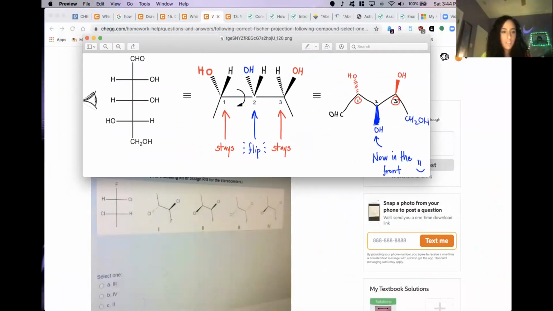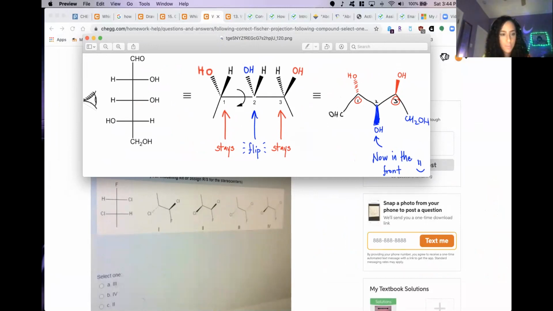Okay, so in this convention, the H is on the left. So here we'll call that a dash. So the chlorine here would be wedged up next to the F. Wait, which H did you say was on the left?